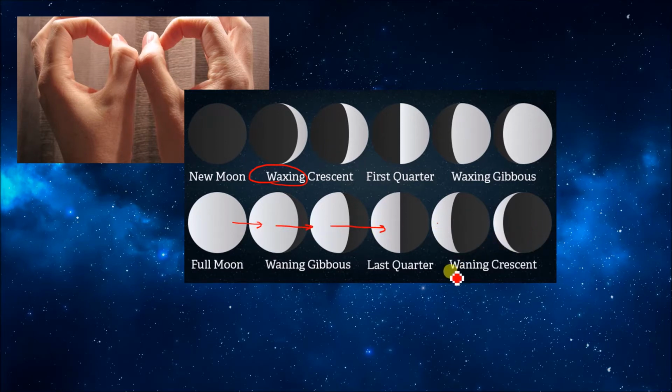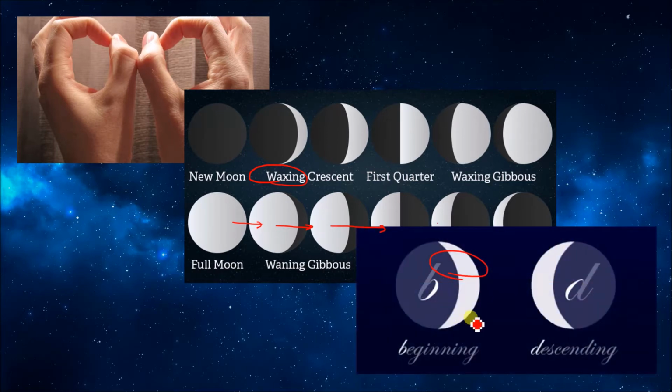That's called a waning moon. So the way I remember is if you wax a car, it grows shinier. So waxing is growing shinier and shinier. Waning is the opposite, growing less and less, and those are the key terms.